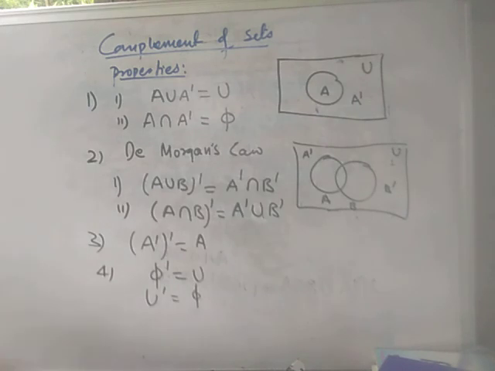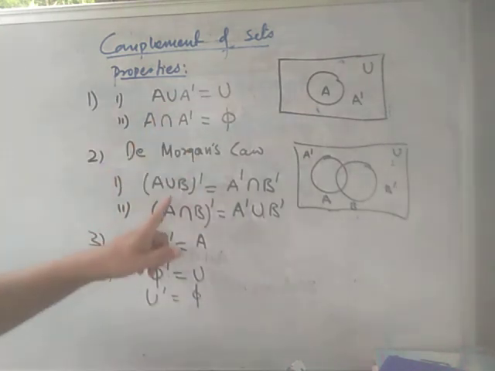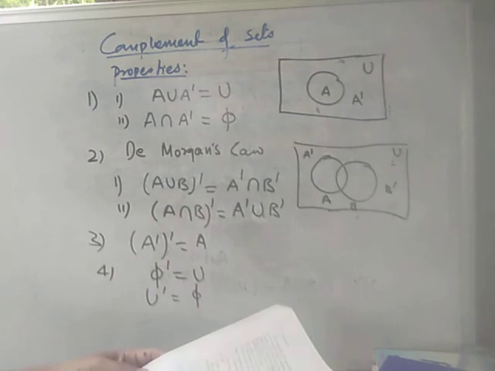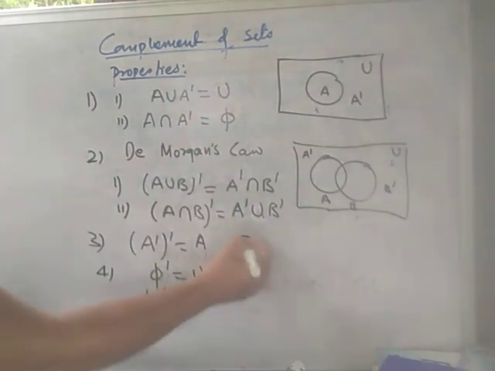So now do this question. Answer 1, 2 you can do. I'll do fill in the blanks to make each of the following a true statement. So A union of A complement, this is your U, isn't it? 7 को fill in the blanks here.